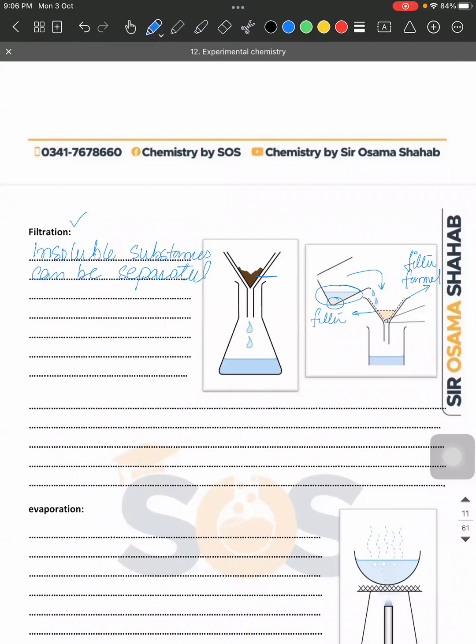You pass everything through this apparatus, and you will see that the substance which is insoluble stays on the filter paper, and whatever is soluble passes through the filter paper. The substance which remains on the filter paper is known as residue.